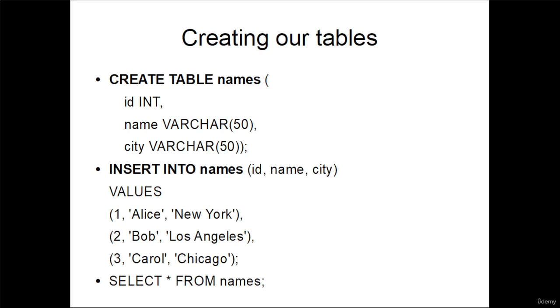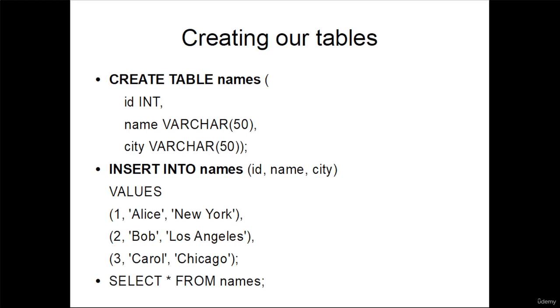This command inserts 3 rows into the names table. The id, name, and city part specifies the columns we are filling, followed by the values clause listing the data for each row. Including the column names is optional but recommended. It makes the query easier to read and ensures the data is inserted in the correct order, especially if the table structure changes later. This syntax works in most other RDBMSs, though some may support additional shorthand formats.